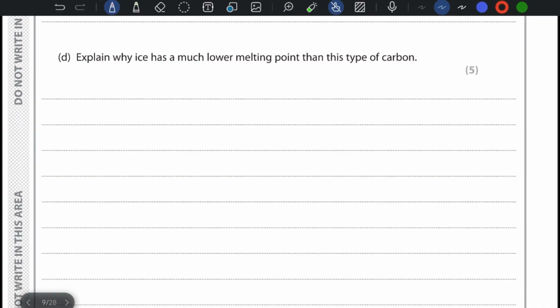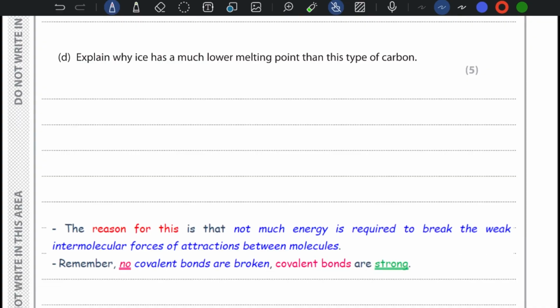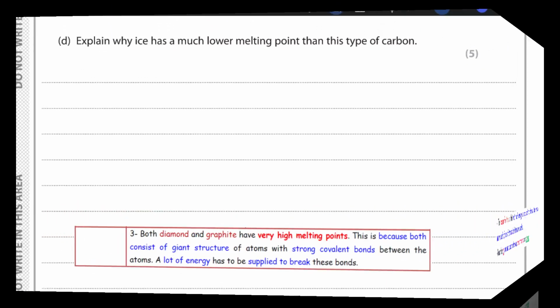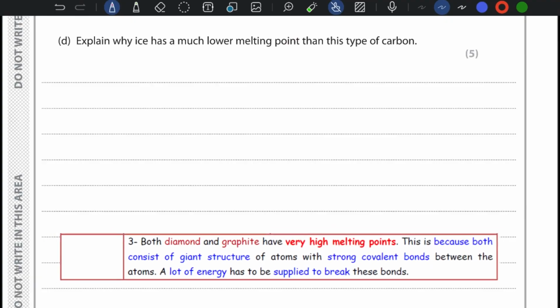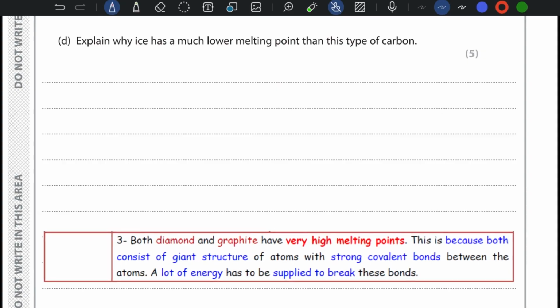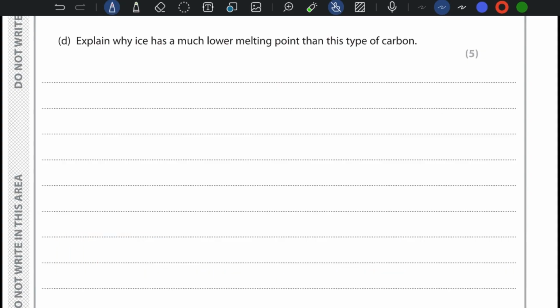Explain why ice has a much lower melting point than this type of carbon. Remember that this type of carbon, diamond or graphite, both of them are considered as giant molecules, so they have very high melting points. But any other simple covalent compound will have a lower melting point.